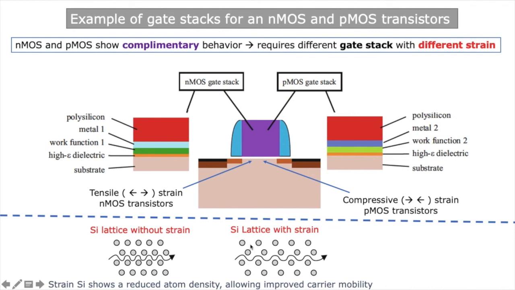But if you have a strain, let's say it's a tensile strain, then the strain in silicon reduces the atomic density and improves the carrier mobility. So that is also another parameter that one uses.